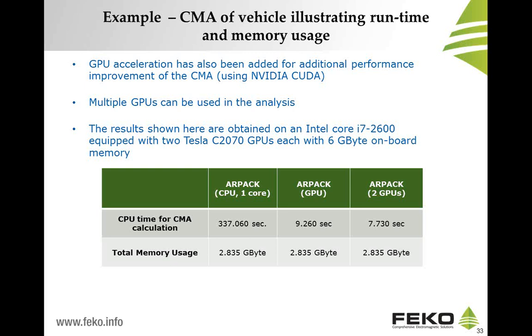As you can see, the CPU time for the CMA solution reduces from about 330 seconds to just under 10 seconds. So we have now obtained an answer that would have taken about 11 hours had we calculated all the modes. We've reduced that time to just under 10 seconds by applying, as a final step, the GPU architecture. We can also apply multiple GPUs to gain the benefit of multi-core type simulations.